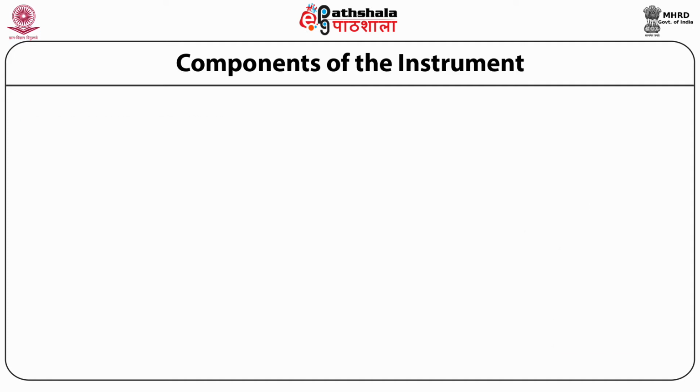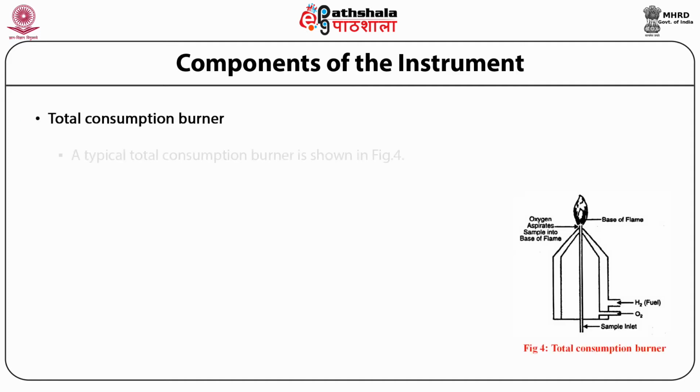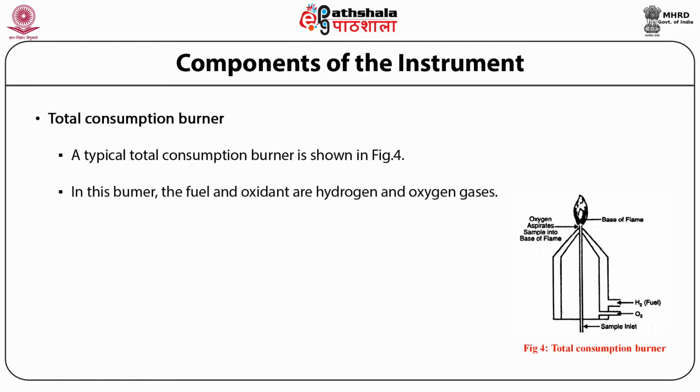The next one is the total consumption burner. In a typical total consumption burner, the fuel and the oxidant are hydrogen and oxygen gases respectively. In this type of burner, the liquid sample is drawn into the flame.